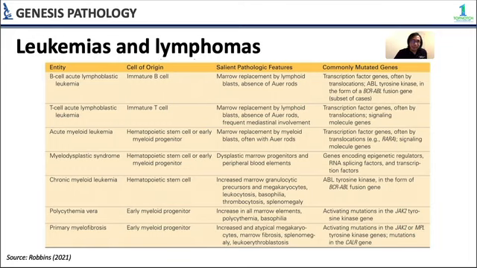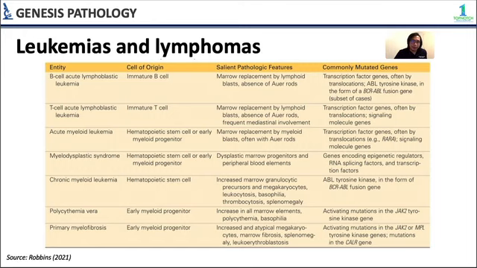Anyway, there are others: myelodysplastic syndromes, chronic myeloid leukemias. Chronic myeloid leukemia is the classic one with the Philadelphia chromosome, your BCR-ABL gene.